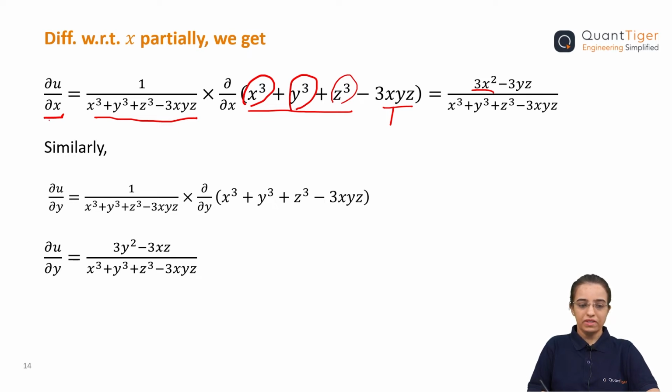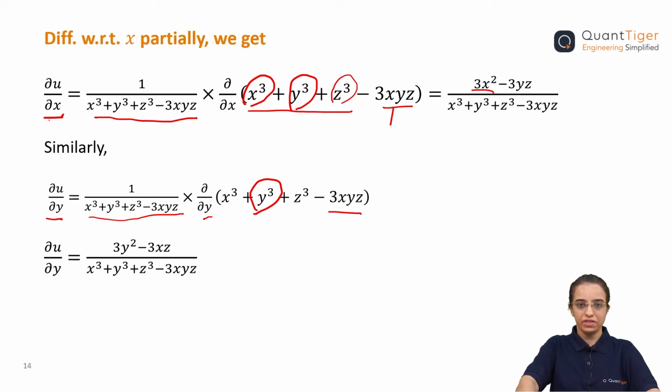So similarly with respect to y we will be differentiating u here and we will keep log u, that differentiation will be 1 upon u which I have written here, and we will be multiplying the differentiation of this whole thing with respect to y. So since we are differentiating with respect to y, this derivative will be 3y square and minus 3xz because z's differentiation will be 1. So that's how we will be getting.